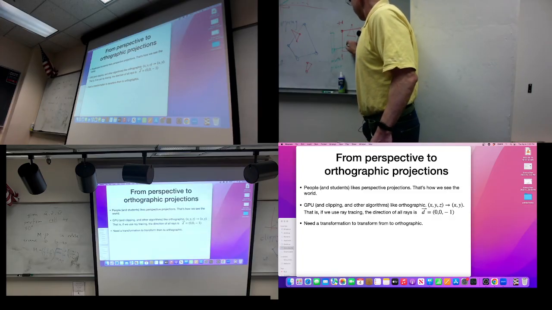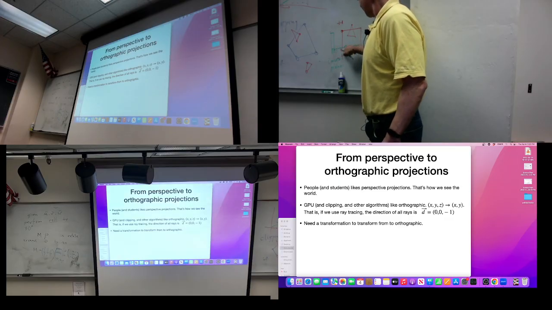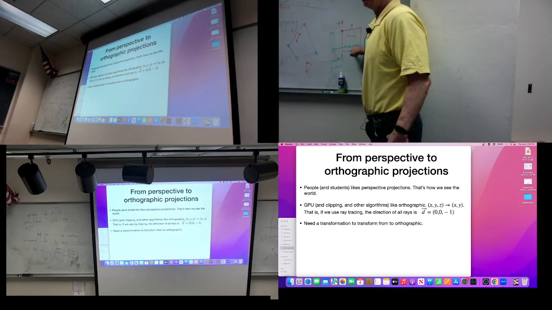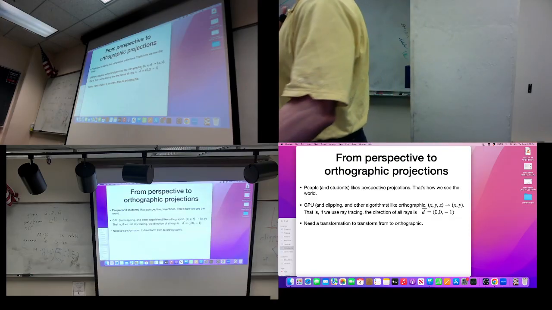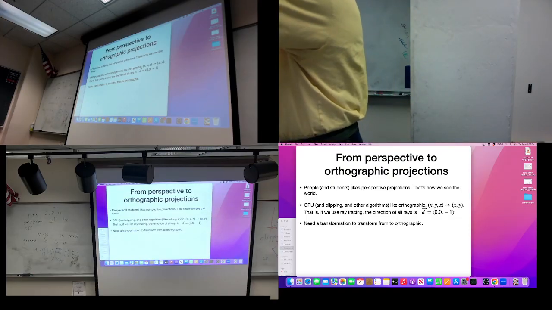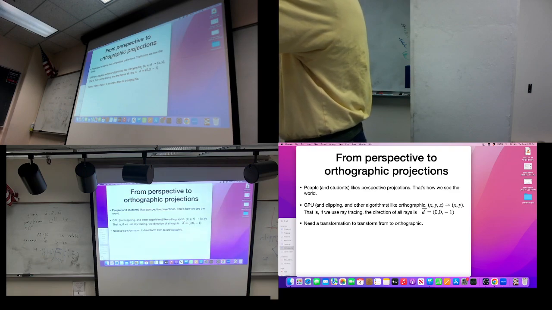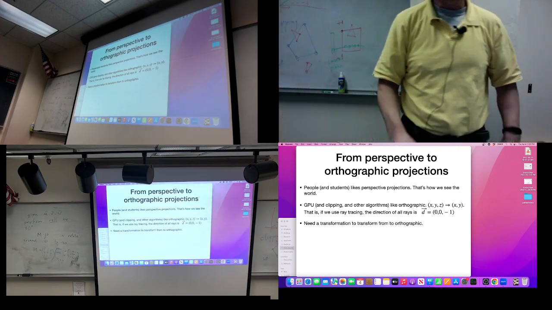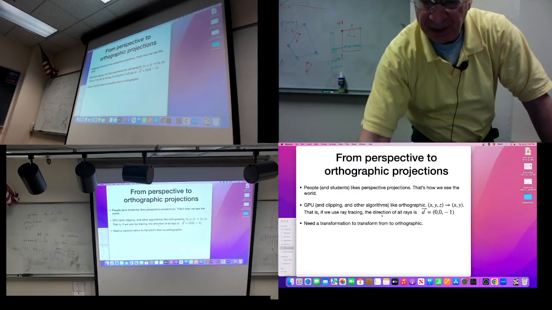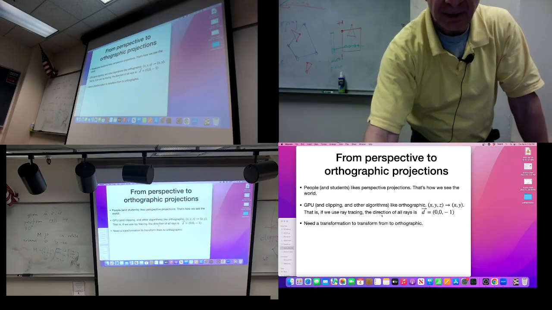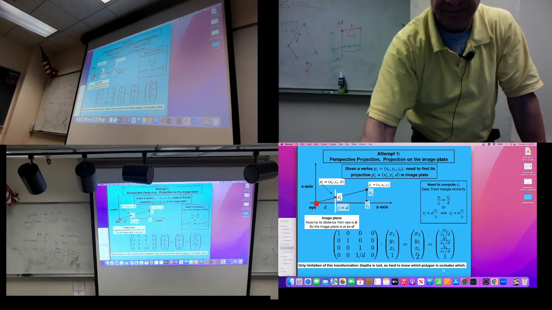All these points have all the same X and Y value, much simpler for the calculation. It's an orthographic projection on the image plane, and the image plane would be orthogonal to the z-axis. So we like perspective, GPUs would want everything as orthographic.